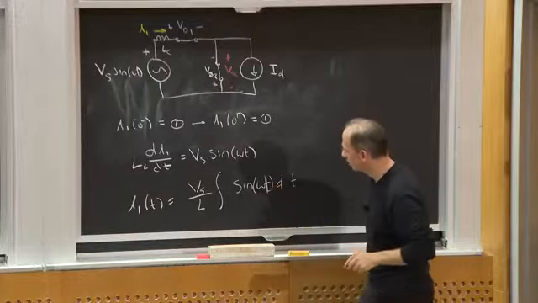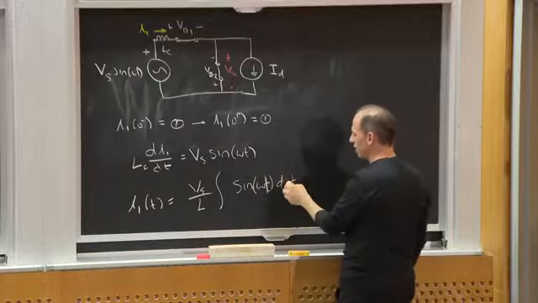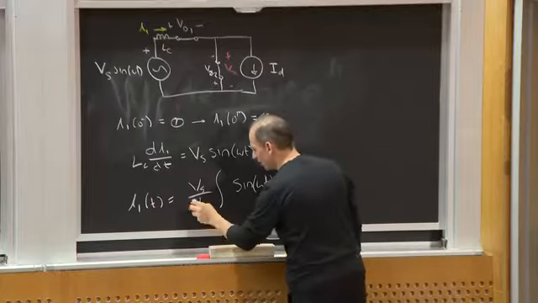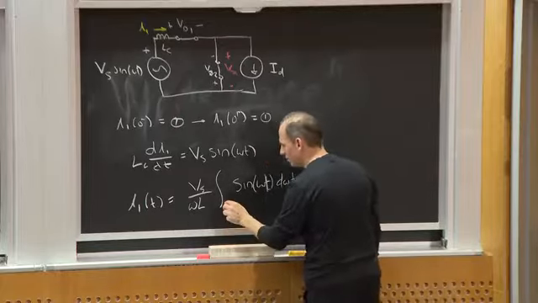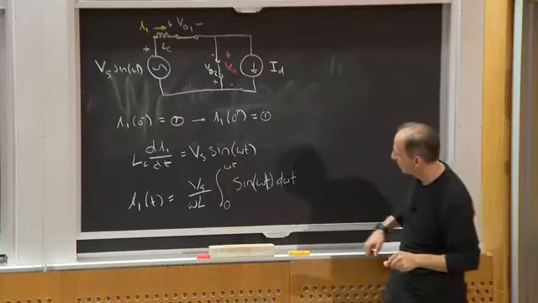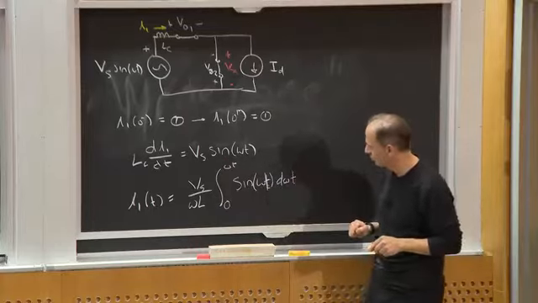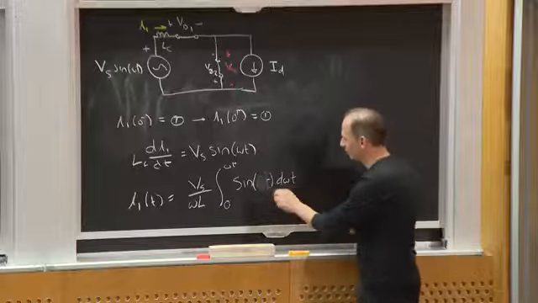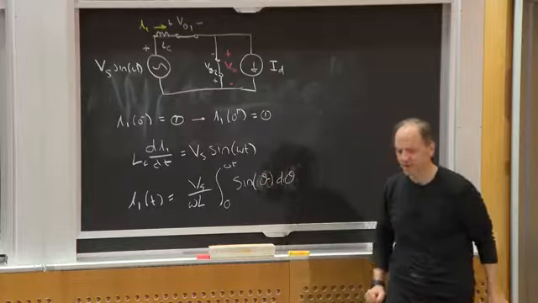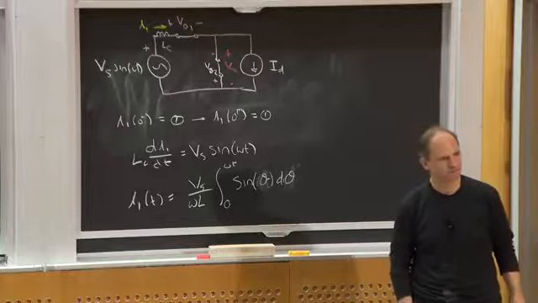But I'm going to change my variables to omega t. So I'll put an omega here and omega here, and I'm integrating from 0 to some time omega t. Maybe I should go back and change this symbol to theta just to make it a little clearer. But that's the integral I'm calculating.